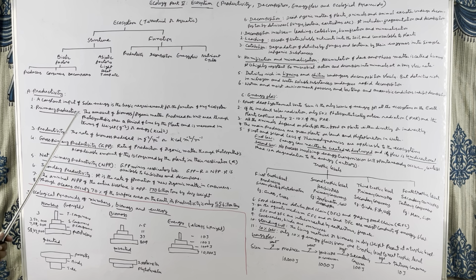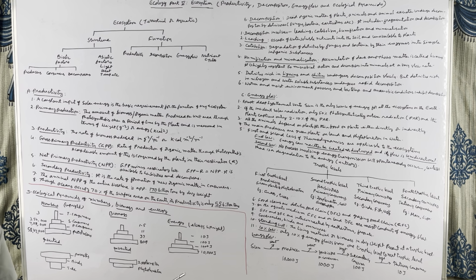Then, first let us take up the productivity of the ecosystem. A constant energy input is required to sustain any ecosystem. So, a constant energy supply is required, and mostly it comes from the sun.